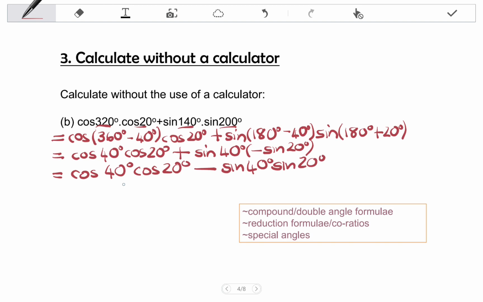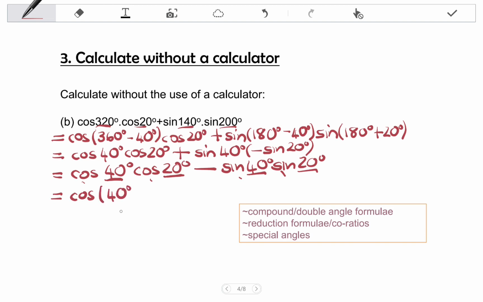Right, so we've used reduction formulae, we've changed the angles, and what do we have now? I have the same angle 40, and I have the same angle 20. I still have cos, cos, sine, sine, so I'm still looking at a cos compound angle formula. And what do we remember about the cos angle formulae?